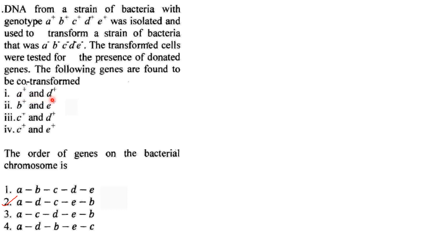So A is going with D. So after A it should be D. So that is seen only in case of option 2 and 4. So eliminate 1 and 3. Then D is going with C over here. So after D, C is coming. So option 2 is correct, whereas option 4 is not.